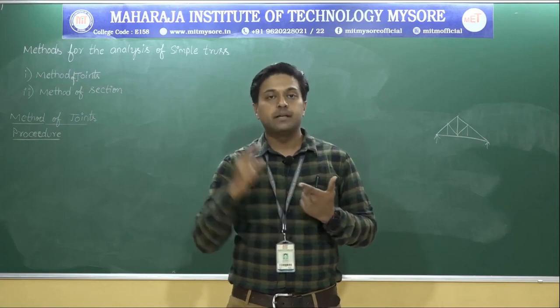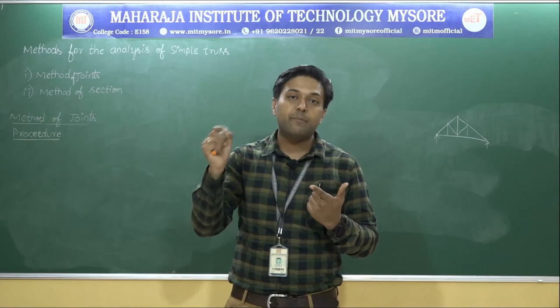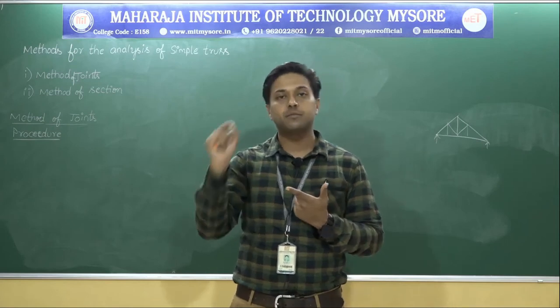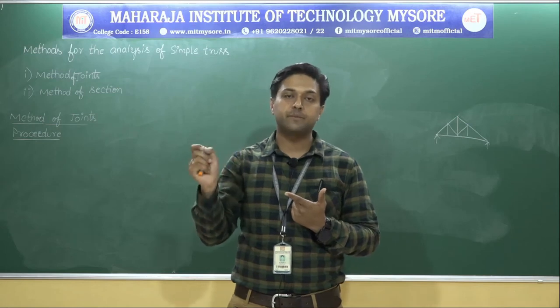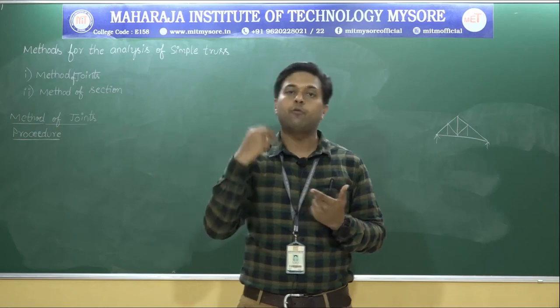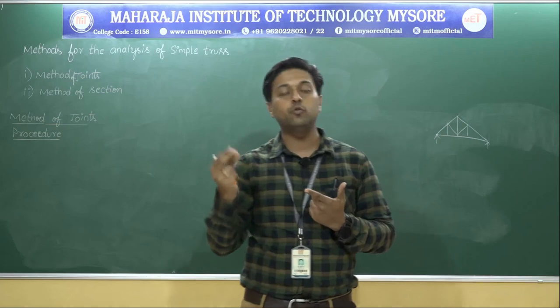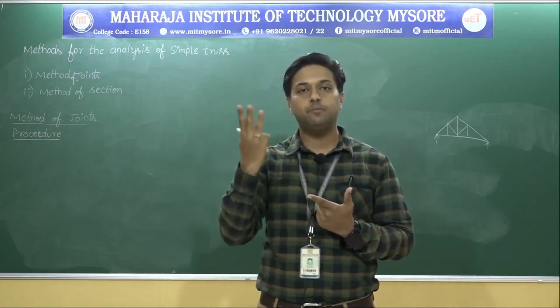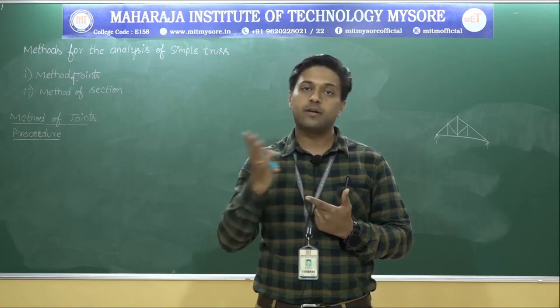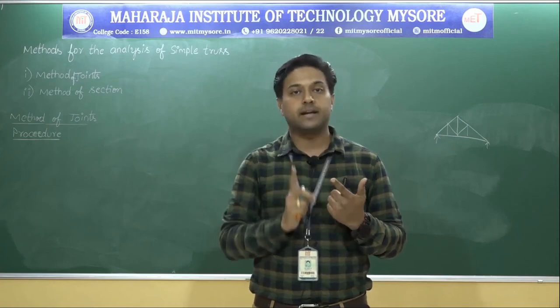Second step is check for zero member forces by inspection method. I have already told you people how to check the zero member forces. There are 3 points. I have already explained it, so we'll use that.